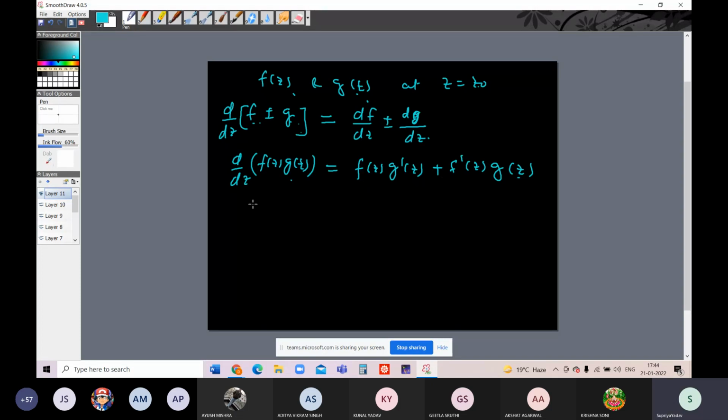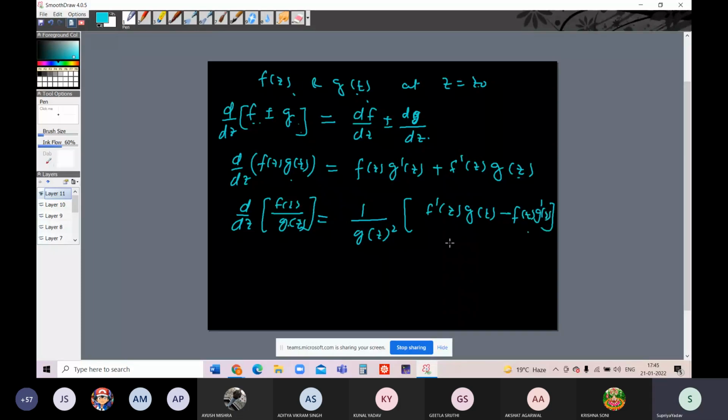In the same manner, their quotient f(z)/g(z) will also be a differentiable function, and the derivative is given by [g(z)f'(z) minus f(z)g'(z)] upon g(z) square, provided that g(z) is not equal to 0 at that point z equal to z0.